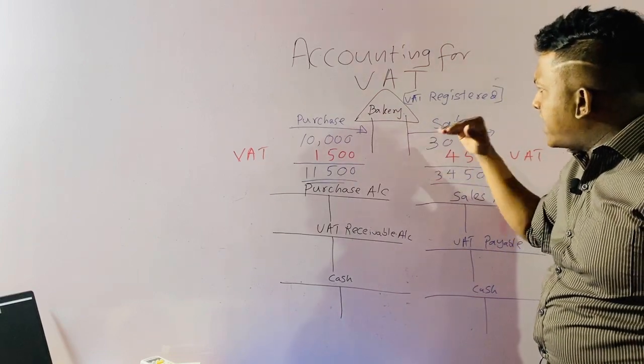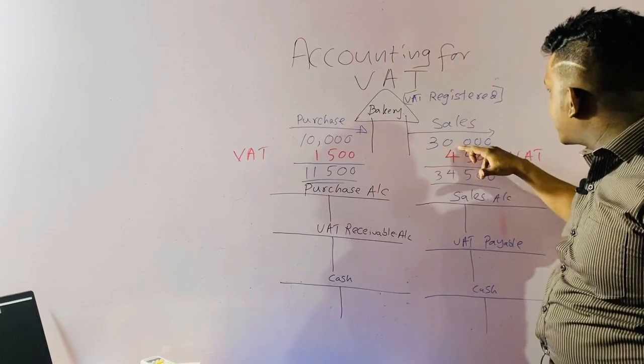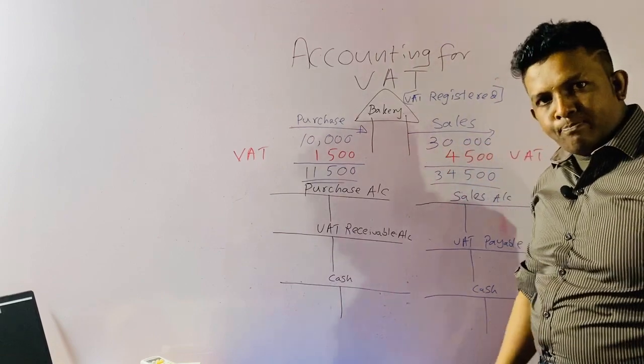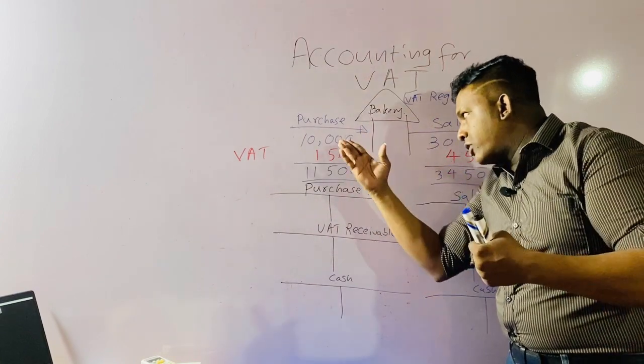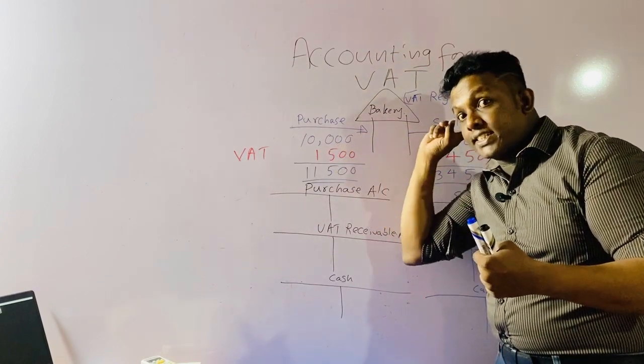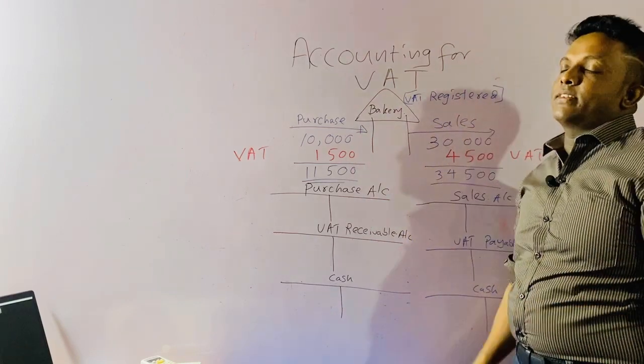And they sell it back to the customer for the price of 30,000 rupees. They purchase material for 10,000 rupees, whereas they sell back to the customer at 30,000 rupees.